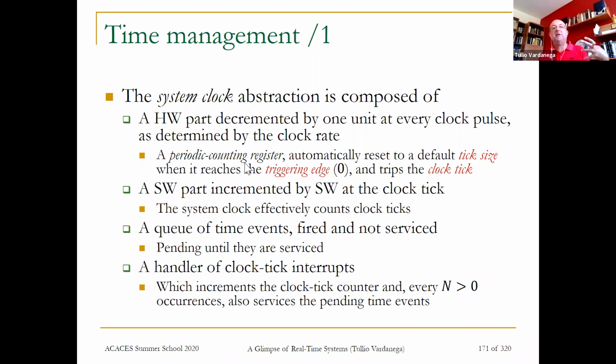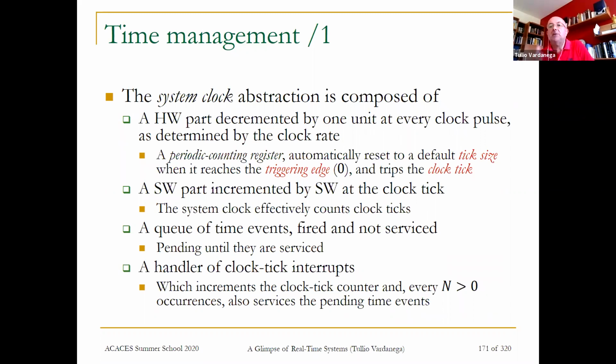But the important notion now is that you have this tick that arrives because the hardware tells you, and then you want to attach a handler to the event, which is called an interrupt, attached to the alarm that was raised by that decrementing clock. Now you know why this is called an interrupt.